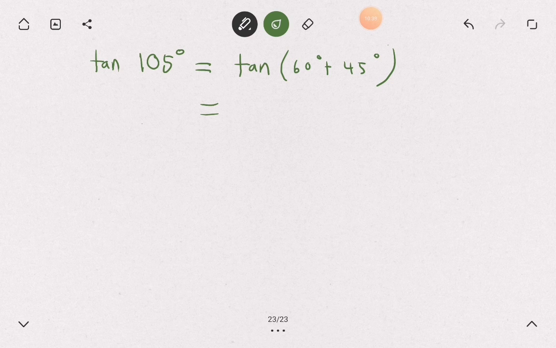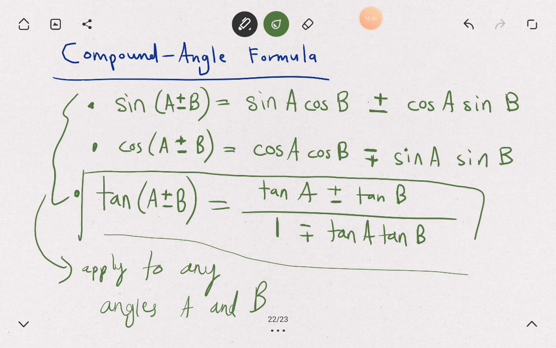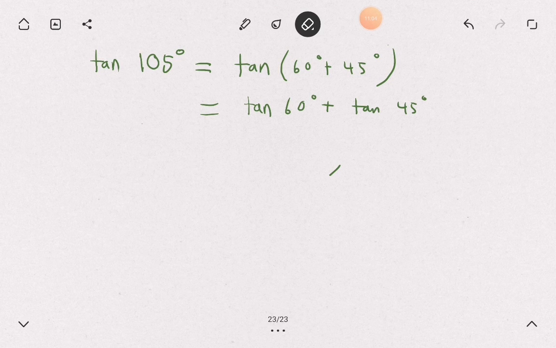So how do you write this? Go back to the formula. The numerator is tangent A plus tangent B, so we take the plus case. In this case, it will be tan 60 plus tan 45.